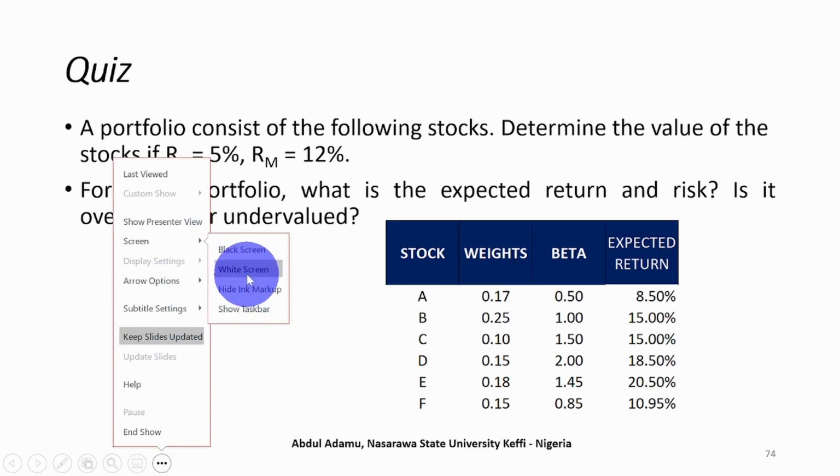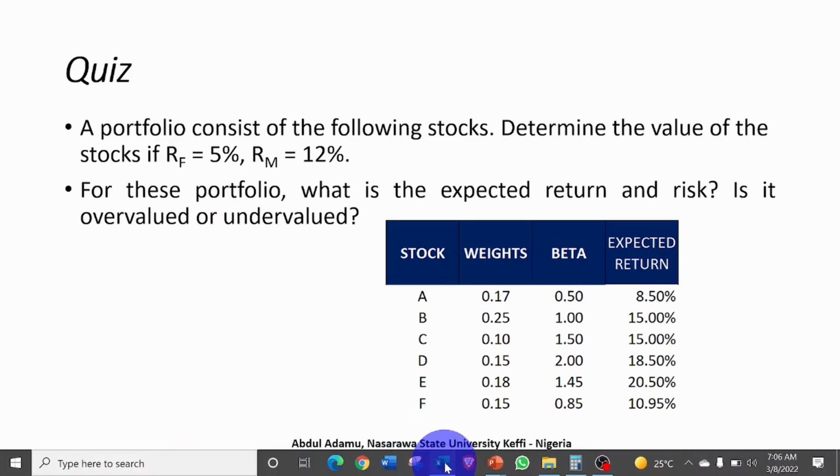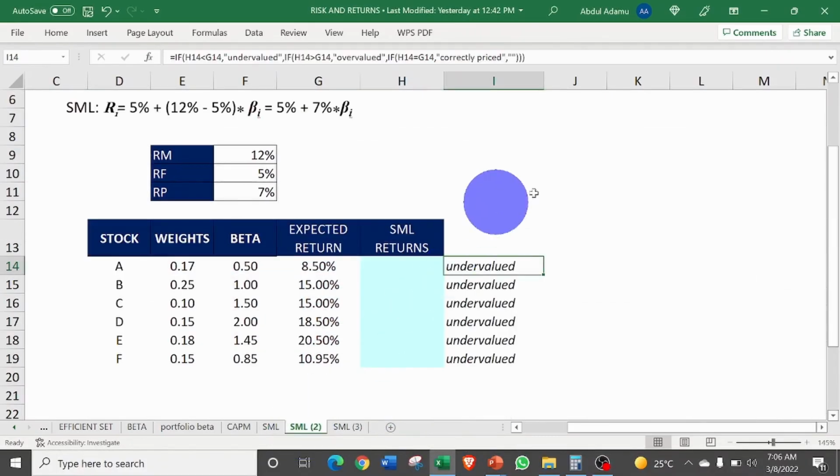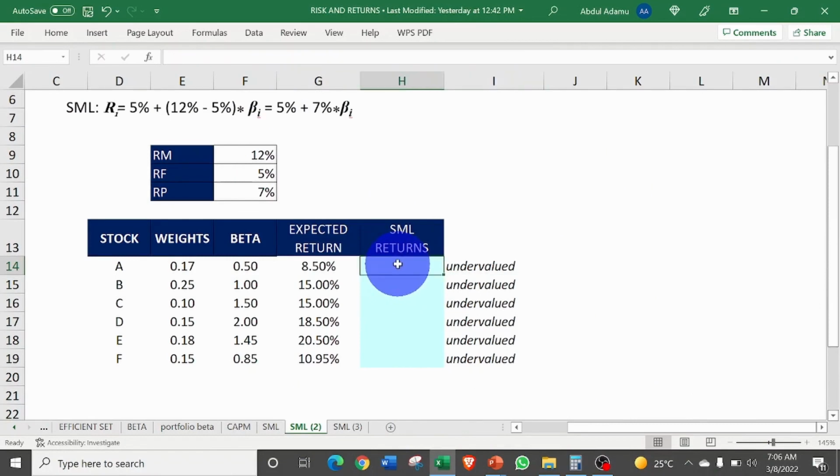Let's go to our Excel first to see how these computations are done. So here we are in our Excel. If we use this the way we did earlier, this is equals to 5%. We lock it, plus 7%.